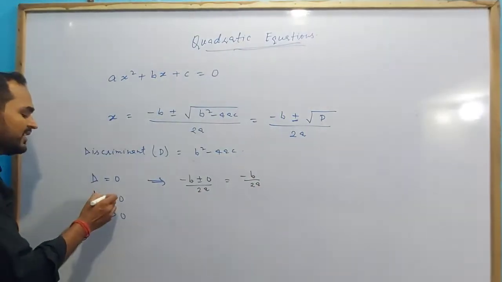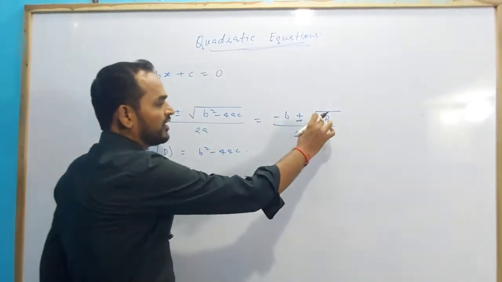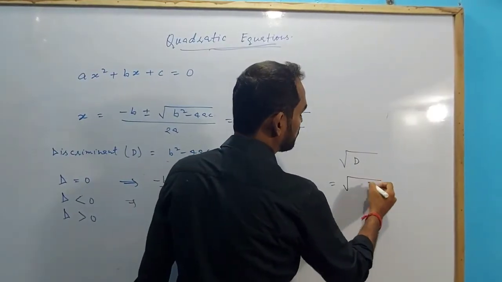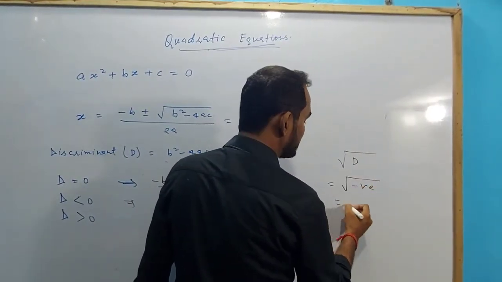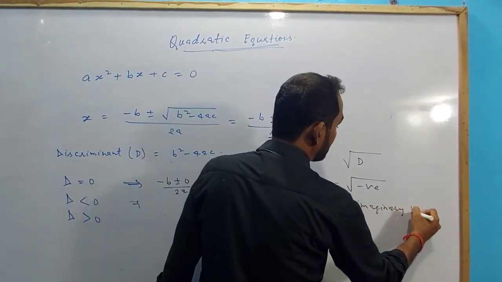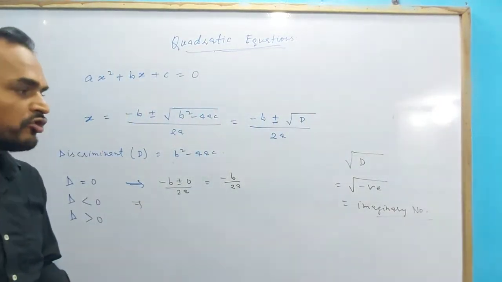Now when D is less than 0, you know very well, the root of a negative number is an imaginary number, which you will study in complex numbers.